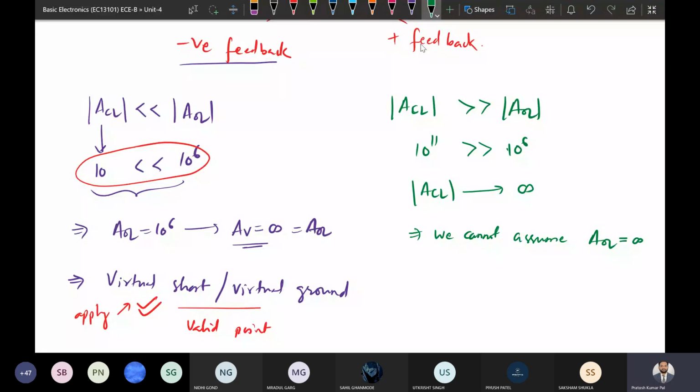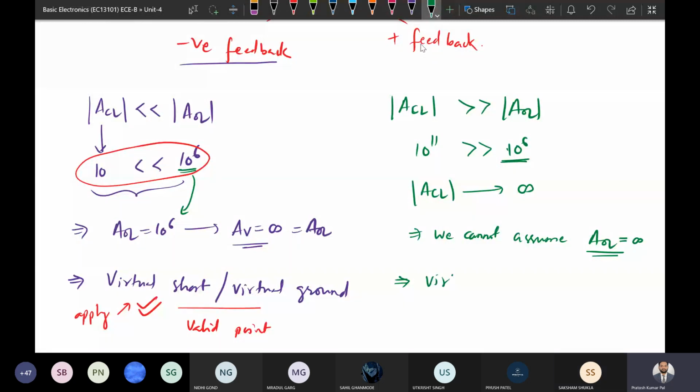In the earlier consideration, 10 power 6 was considered as infinity, but here it is 10 power 6 compared to a much larger closed loop gain, so it will not be considered as infinity. So the virtual short and virtual ground concept that we use in a negative feedback circuit, we will not be able to use in a positive feedback circuit.